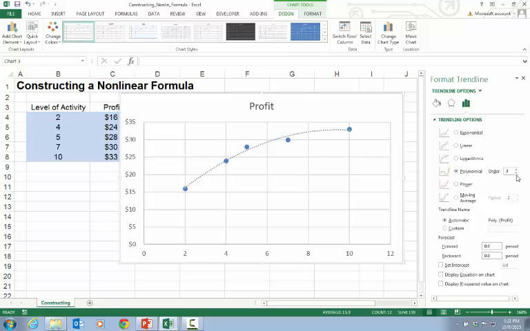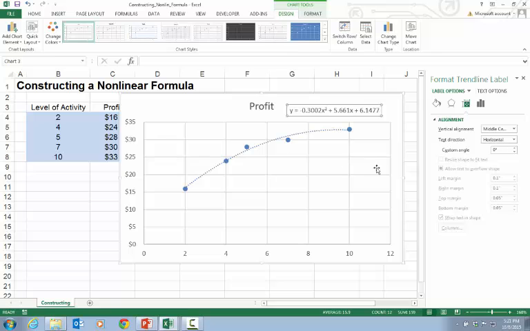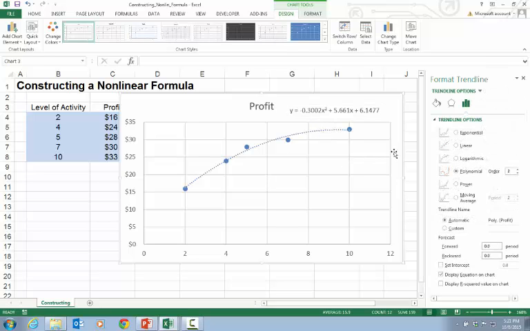And so that's actually kind of a better looking fit. And I can display the equation on the chart, which is right here. And I can also do one more thing, and that is I'm going to display the R-squared value as well.